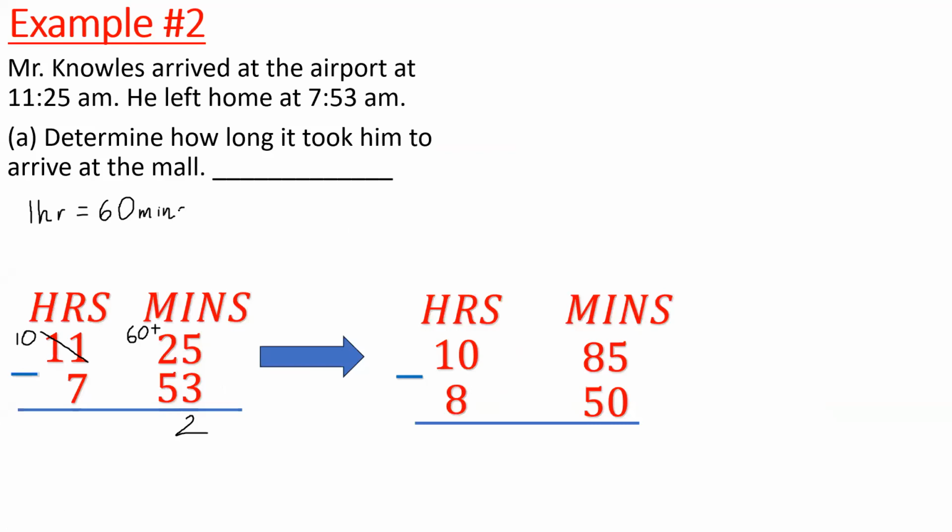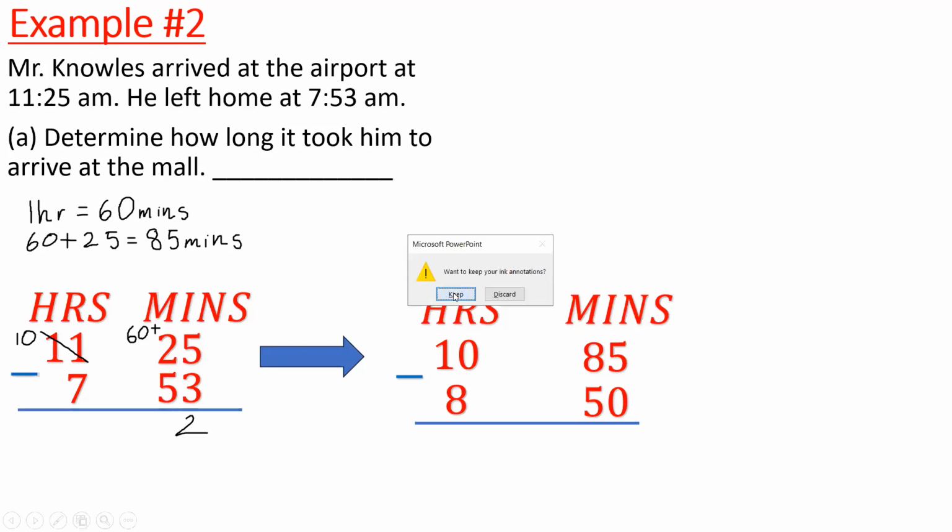And what two numbers are we going to add again? 60 plus 25. What is 60 plus 25? 85. Very good. So 85 minutes, and that's going to be our top part. So we have 10, 85.